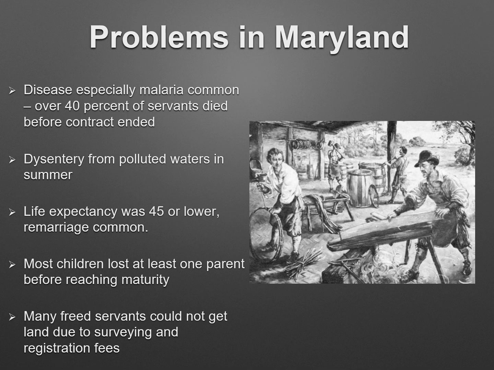Remarrying is very common. Most kids, before they reach adolescence, will lose at least one parent. And unfortunately, if you are an indentured servant and you finish your time, getting land wasn't as easy as other places.